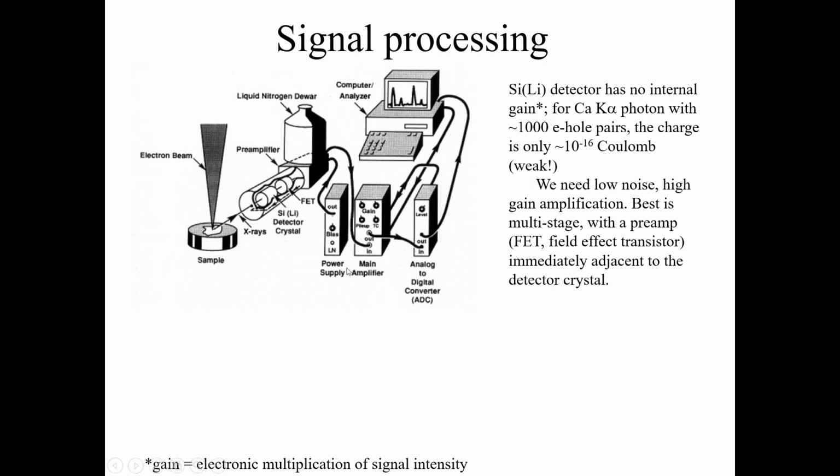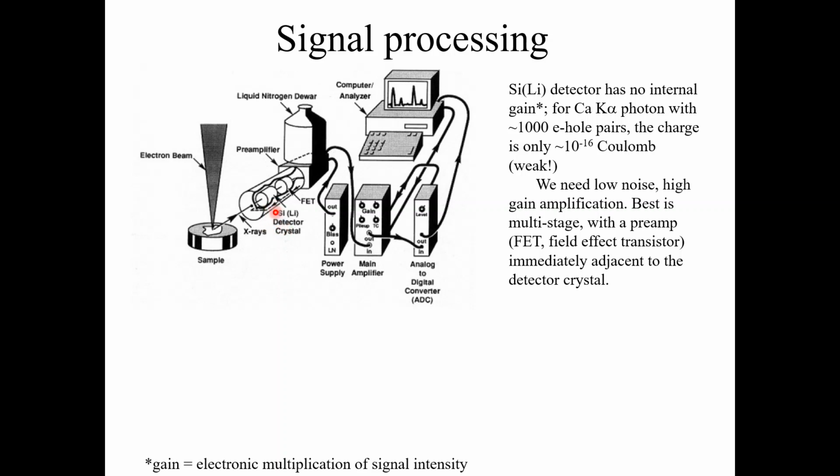Just like we mentioned about the EDX detector, here you can see the different parts of the EDS detector. The main part of the detector is the crystal, that is the silicon lithium crystal. Because of that, it is called a silicon lithium detector.